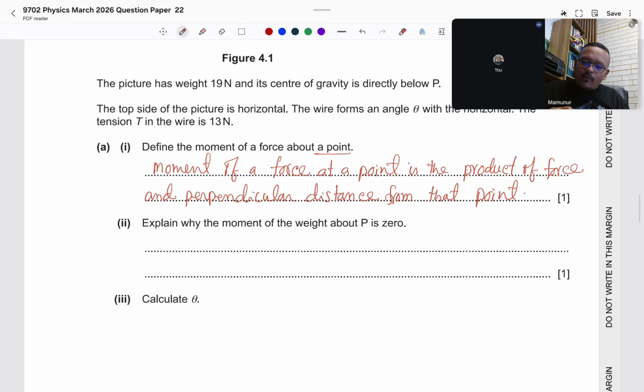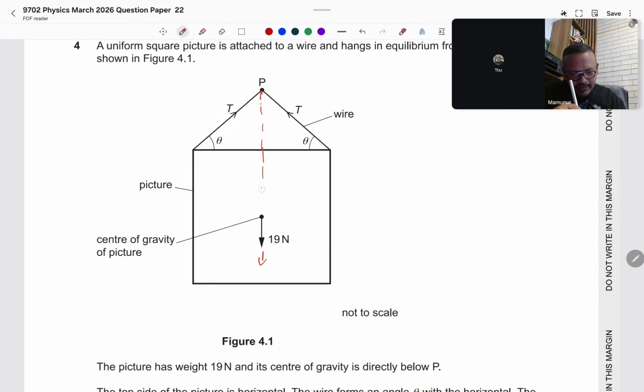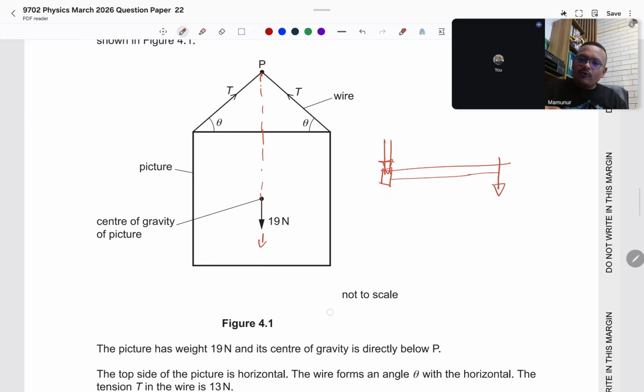Explain why the moment of the weight about P is zero. P is the pivot and the weight is just under the pivot. For the turning effect of a force, we need a perpendicular distance from where the force is applied. If the force is on the pivot, there will be no moment.